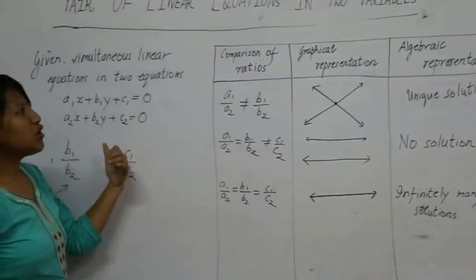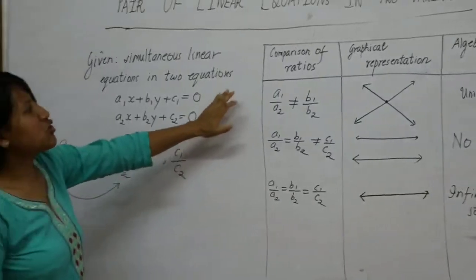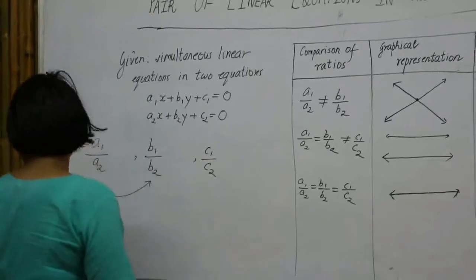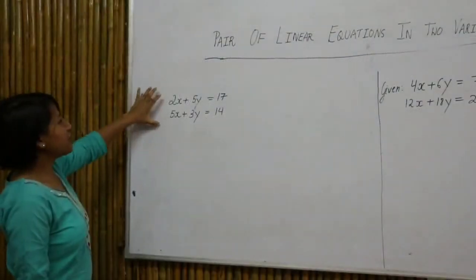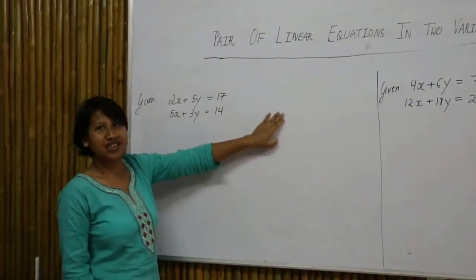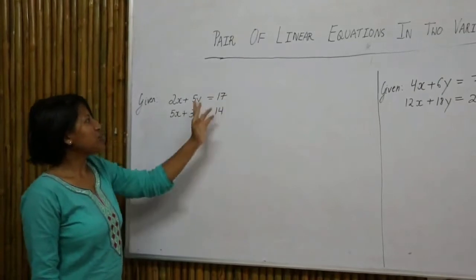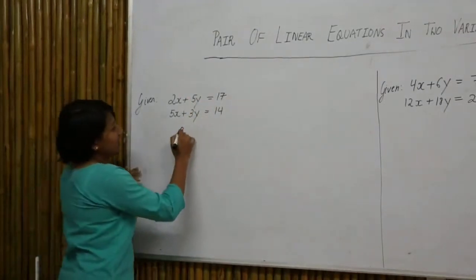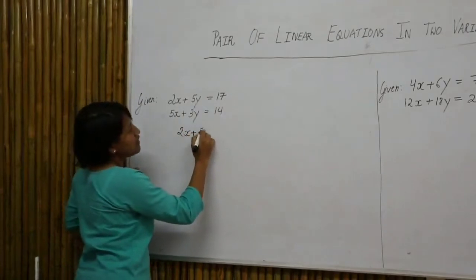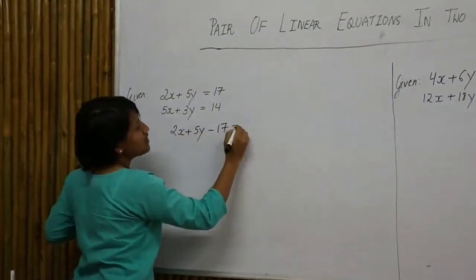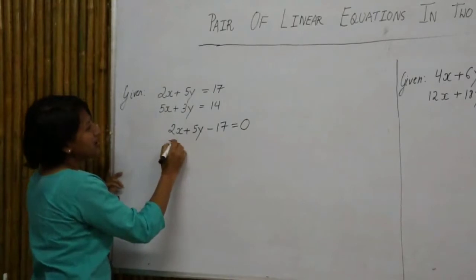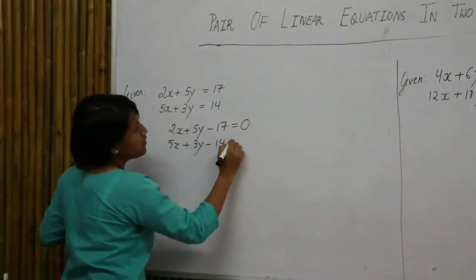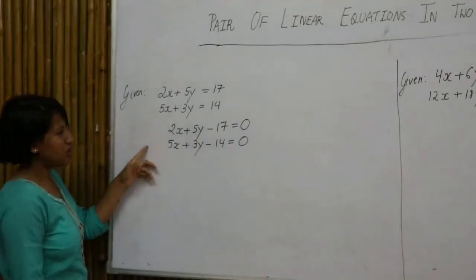Now we'll go to solving problems by using these. Given simultaneous linear equations in two variables, you carry the constants first to this side: 2x plus 5y minus 17 equal to 0. Then 5x plus 3y minus 14 equal to 0.